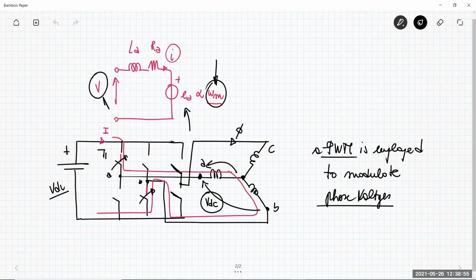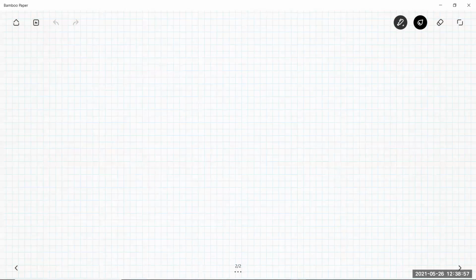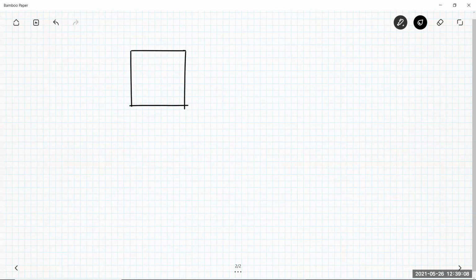So let me just describe very shortly in which way I can control this operating speed. Just to see a schematic description of what can be done for BLDC motors. We have this inverter. This is the DC side of the inverter, in which you have the DC capacitance. This voltage is called VDC in the slide, and I call it the same way.